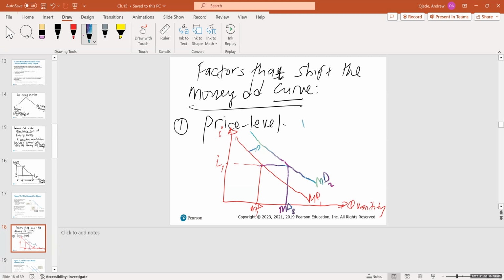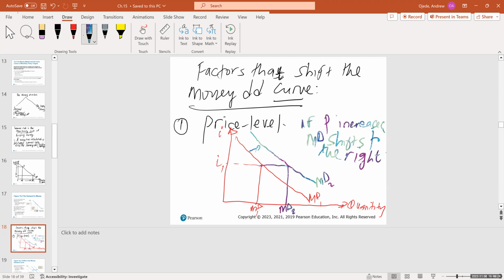So if P increases, where P is the price level in the economy, money demand shifts to the right. And the converse is true. If prices are falling instead in the economy, things are becoming cheaper, then we need fewer dollars to buy goods and services.